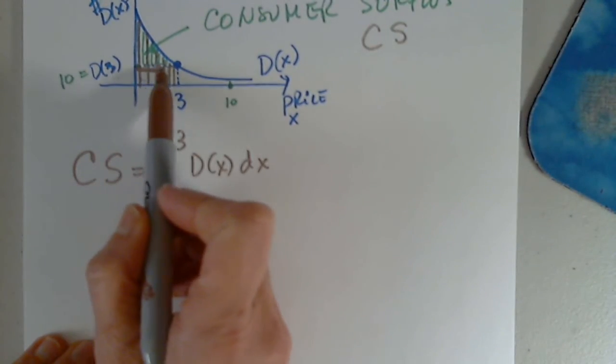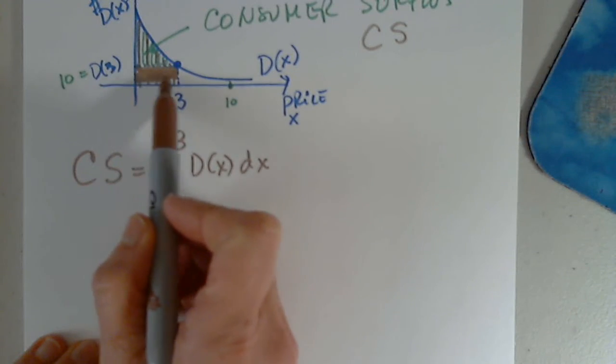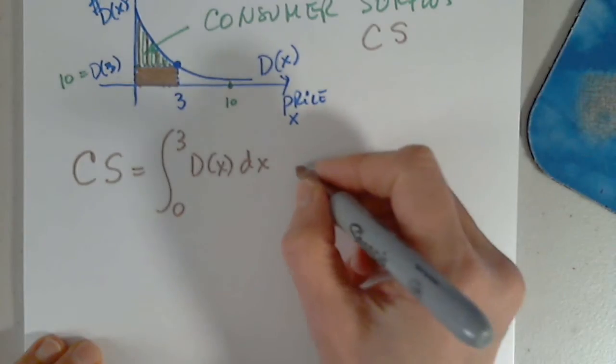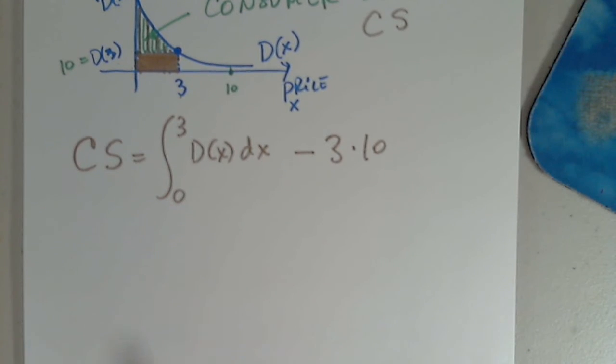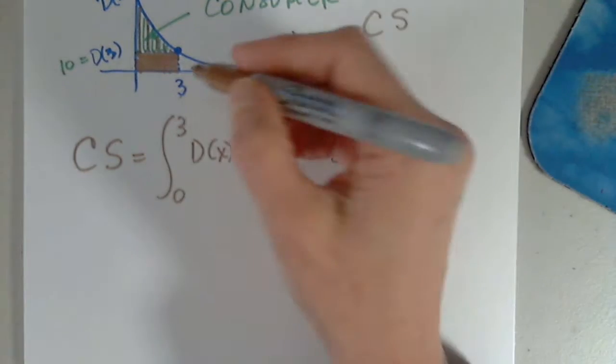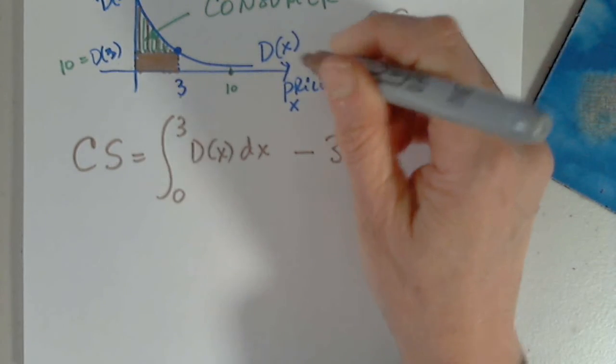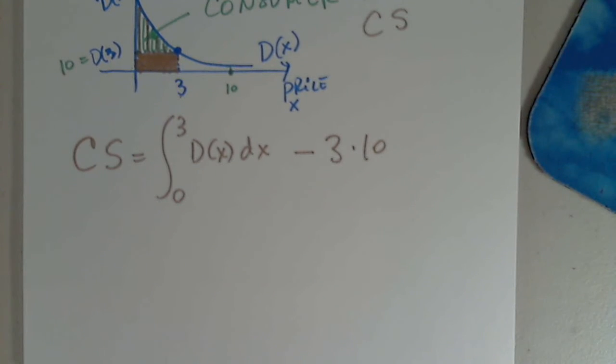I have to subtract the area of this rectangle. So I subtract 3 times 10. This is the formula for the consumer surplus for any price that I'm happy with and the number of units that I would like to get.